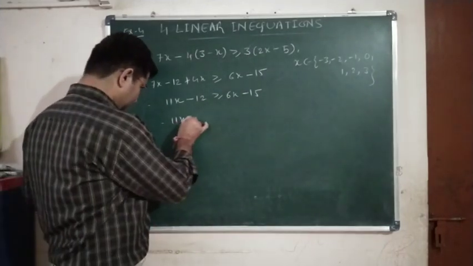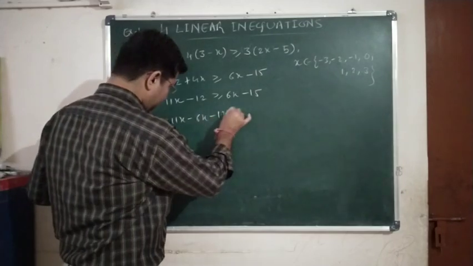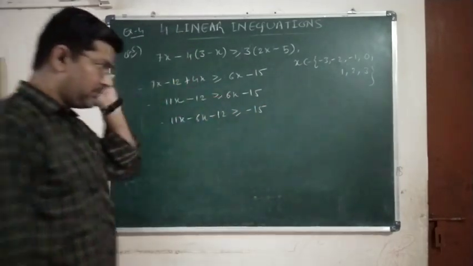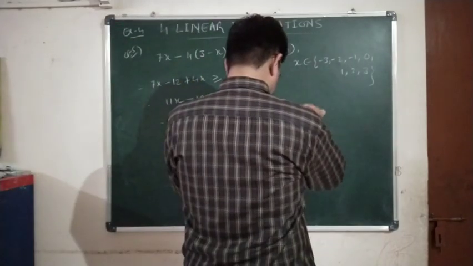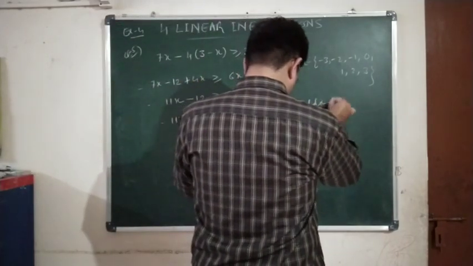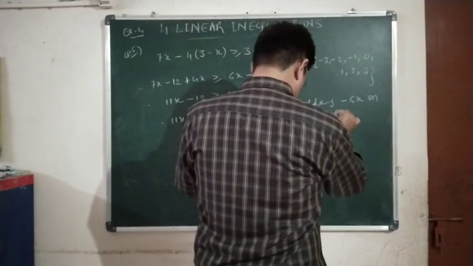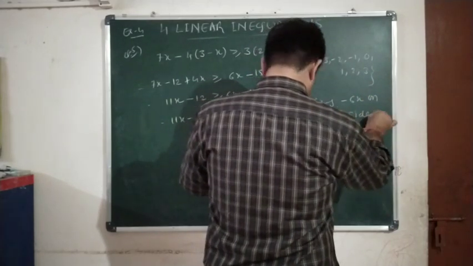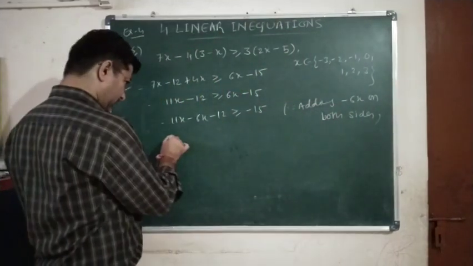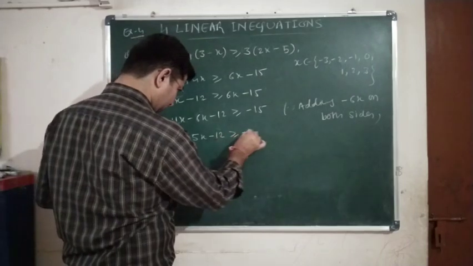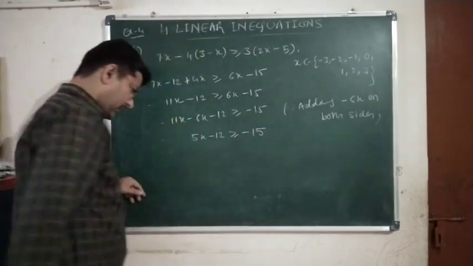So we have 11x - 6x - 12 here. My 6x is eliminated, since adding -6x on both sides, and therefore 5x - 12 is greater than or equal to -15.